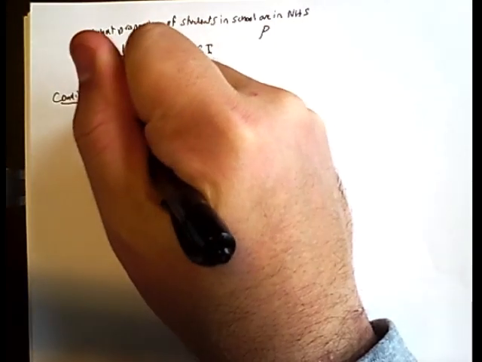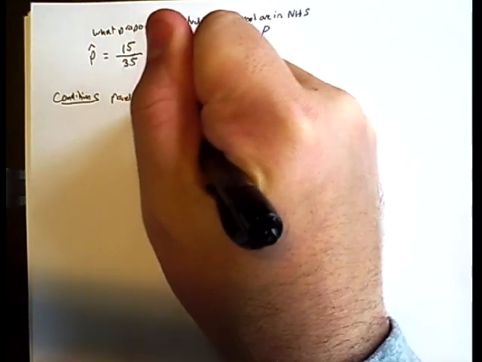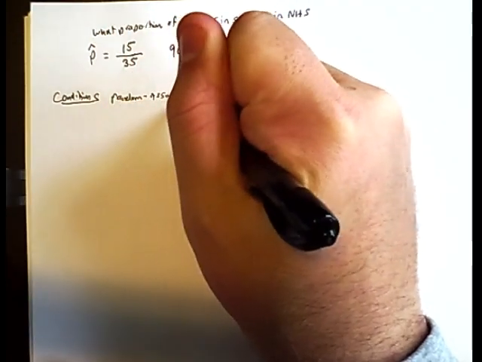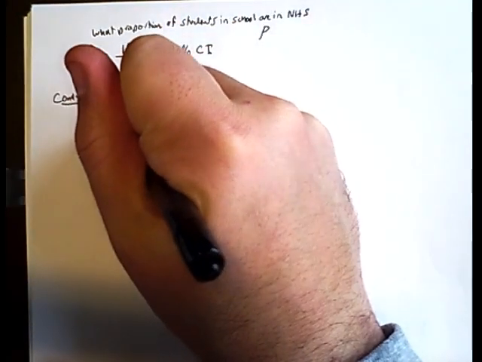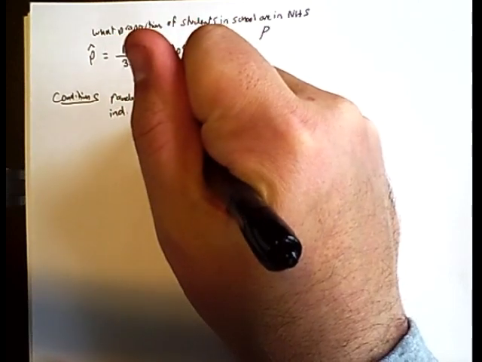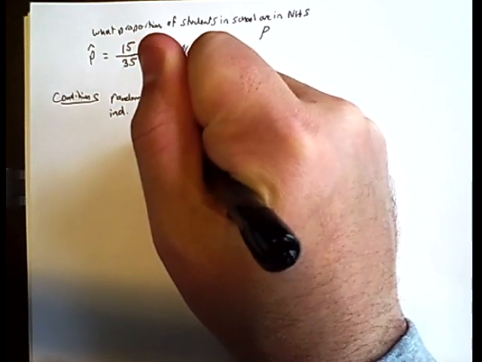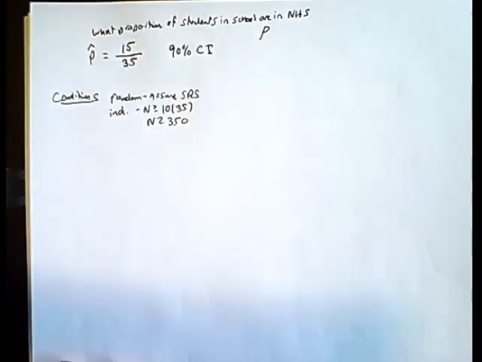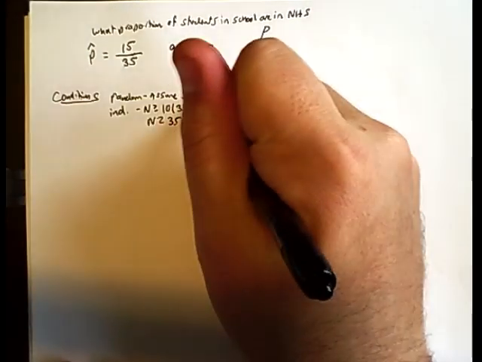Random: let's assume that the 35 people I picked for the sample, I chose at random. Independent: the population is greater than 10 times 35, so that'll be 350. At least at my school, there's almost 400 students, so that's checked off.